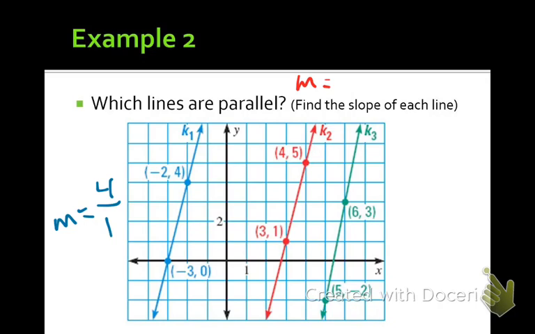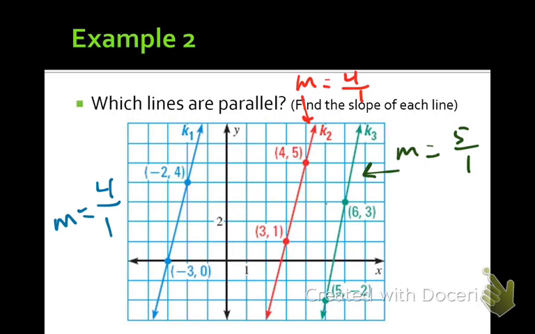The slope of the red line. Rise 1, 2, 3, 4. Run 1. Slope of the green line. You have to rise 1, 2, 3, 4, 5, and then run over 1.